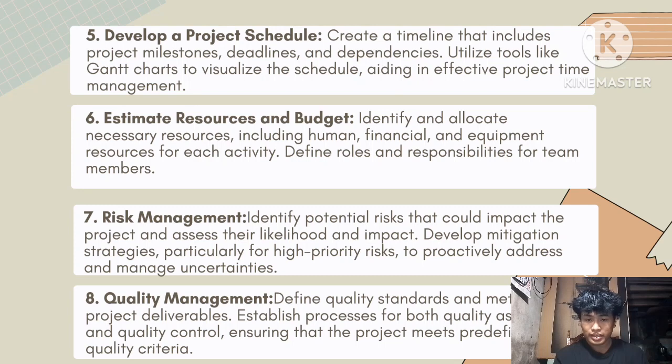Number 7, risk management. Identify potential risks that could impact the project and assess their likelihood and impact. Develop mitigation strategies, particularly for high priority risks, to proactively address and manage uncertainties.